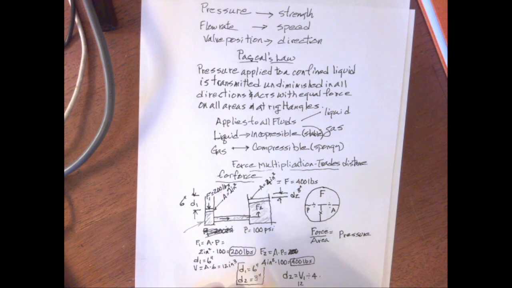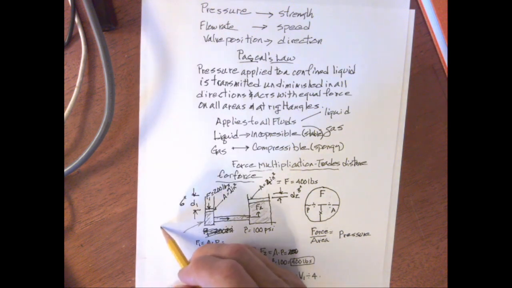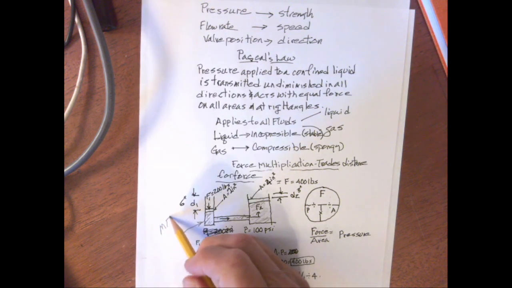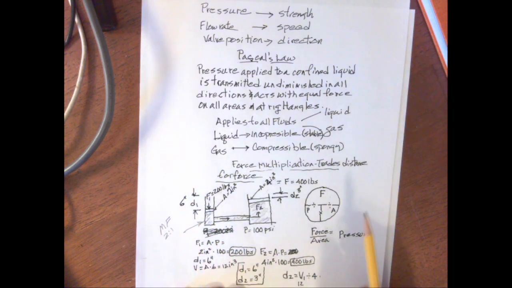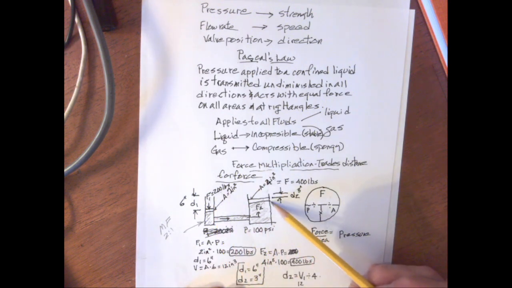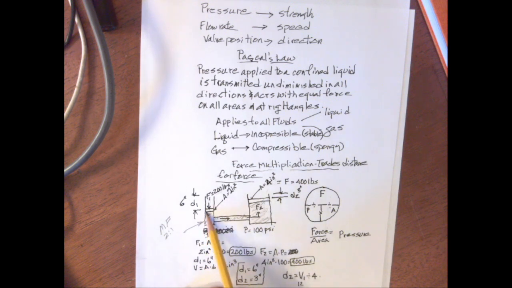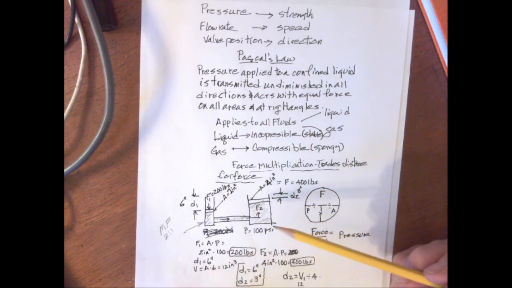I think they call it a multiplying factor, 2 to 1, or twice as much in this case, in this system. I could increase the size of this, I could decrease the size of this, or manipulate these to come up with the pressures I would like to have where I need them.